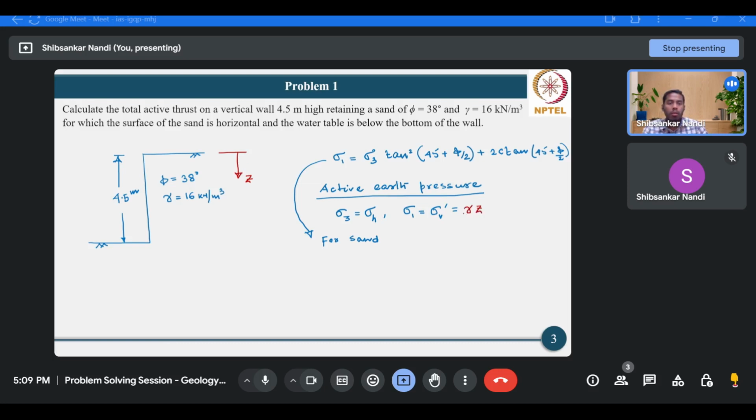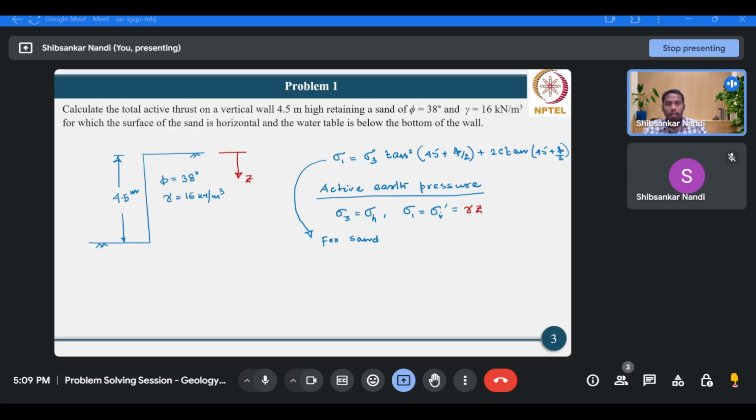Gamma is the unit weight of the backfill, and z is the vertical depth at which we are interested to calculate the active earth pressure. Here we should take the submerged unit weight, since we are calculating the effective overburden pressure.